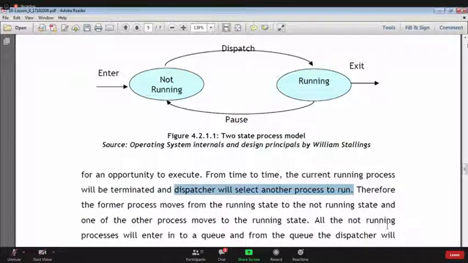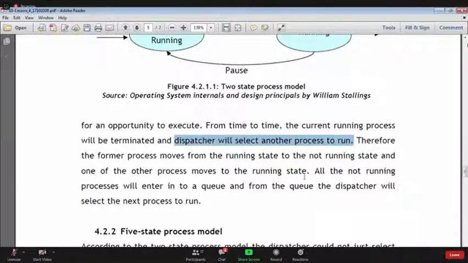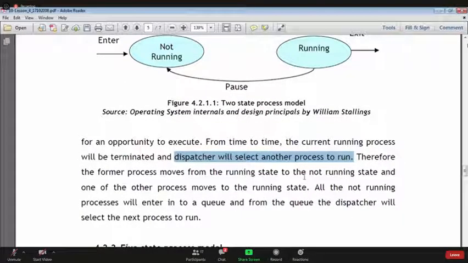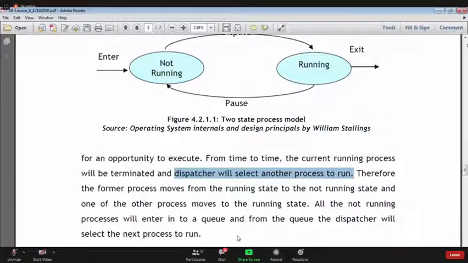All the not running processes will enter a queue, and from the queue the dispatcher will select the next process to run. So not running is a kind of queue, and the dispatcher takes one by one when resources are available to run. Okay, I hope it is clear.